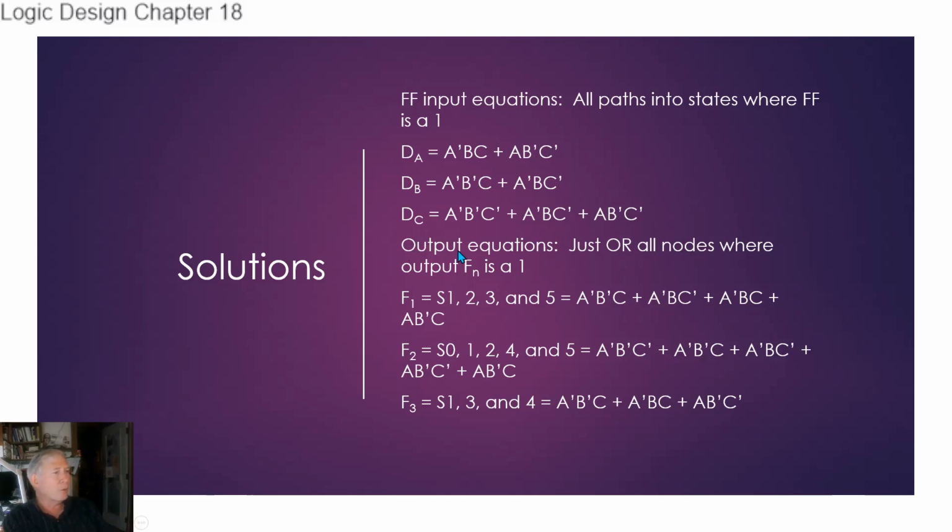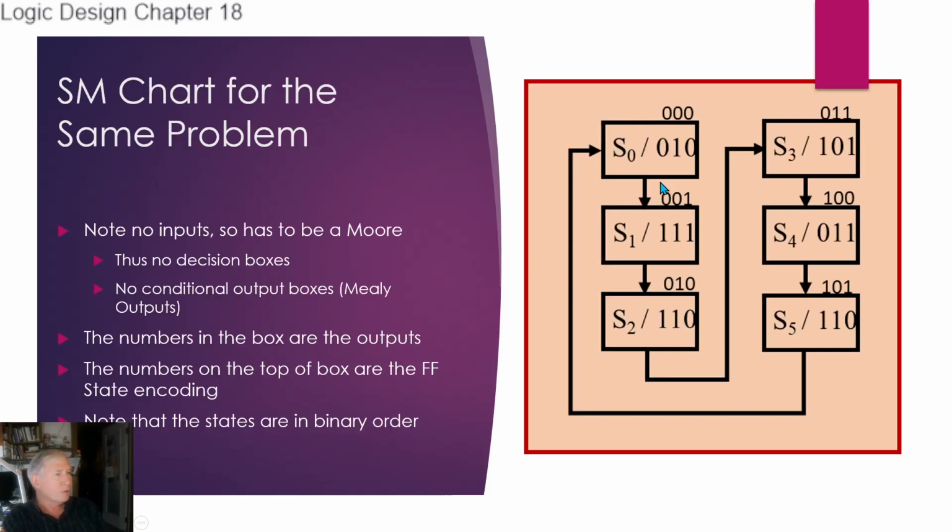And then our output equations, which are going to display our desired count sequence, F1, F2, and F3, we just OR all the nodes where the output for F1 or F2 or F3 is a 1. So for instance, start with F1. F1 is 0 here, but it's 1 there, it's 1 here, it's 1 here, it's 0 here, it's 1 here.